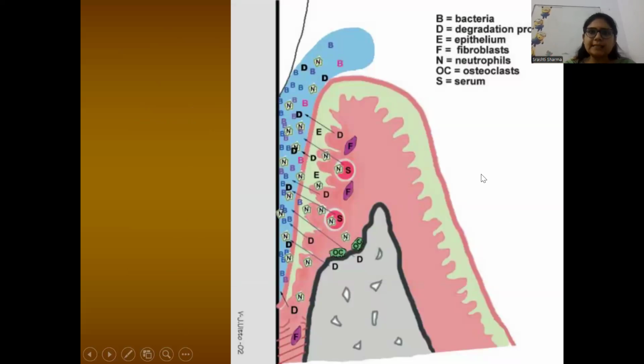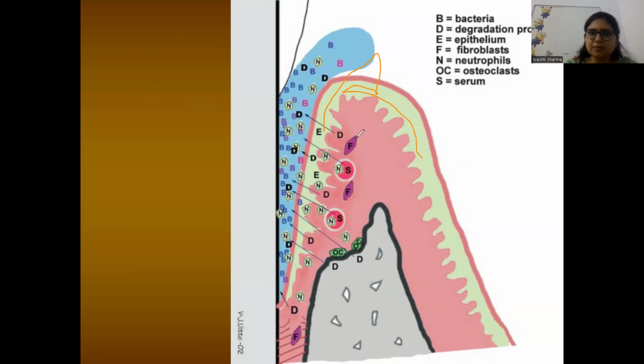So here we can easily see the fluid which has B for bacteria, D for degradation products, E for epithelium. This we can easily demarcate, where is the epithelium. So here we can easily see that this is the epithelium.